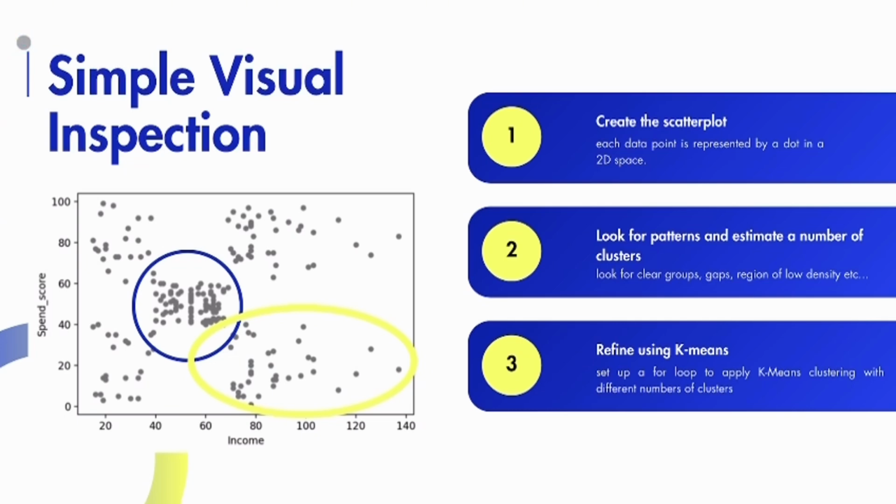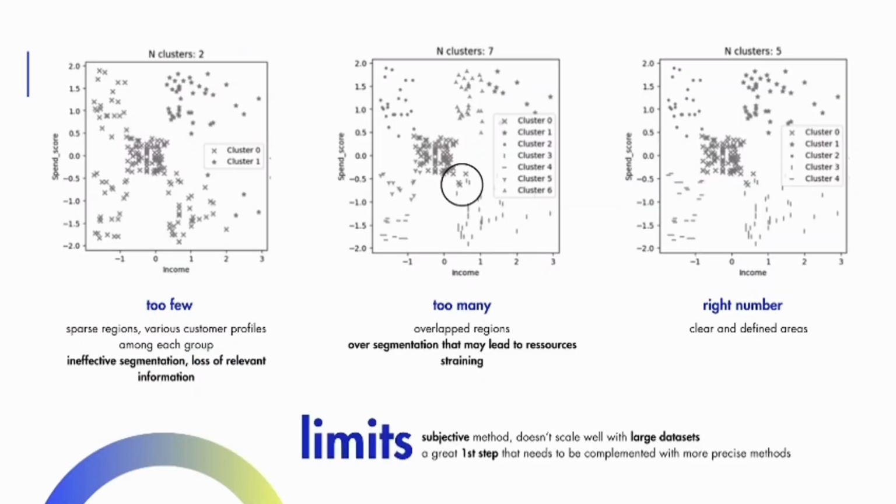And then the last method is going to be refining using K-means. So in case of overlapping or ambiguous areas, you can confirm the number of clusters using the K-means method. So you choose a range of clusters, here 2 to 7 for example, and apply a for loop for K-means, and you should have many scatter plots.